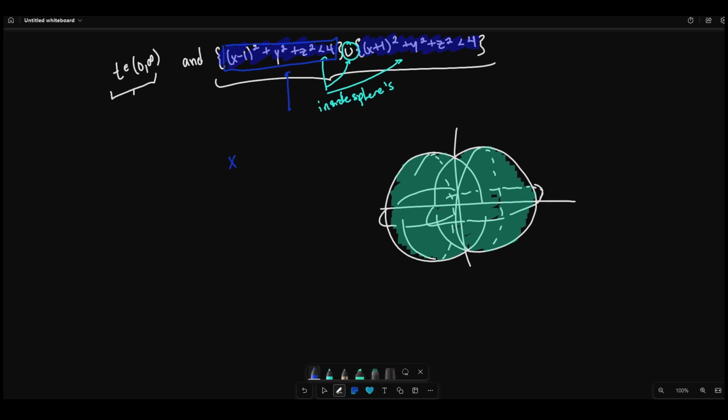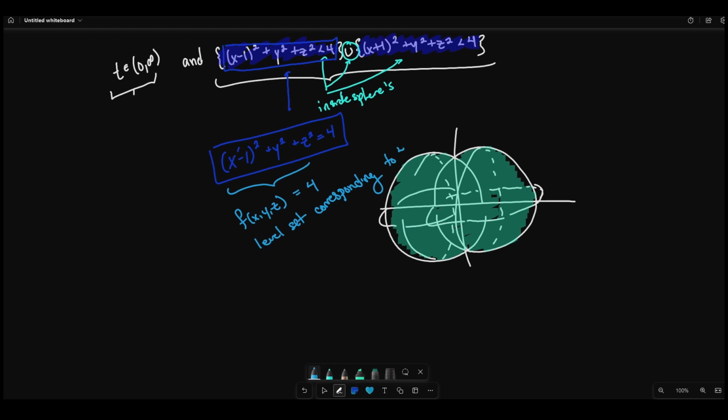So the boundary here, right, is x minus 1 squared plus y squared plus z squared equals 4. If I think about that as a set, that is a level set. It's a level set of the function. There's a function of x, y, and z, and that function is equal to 4. So this is the level set corresponding to 4.